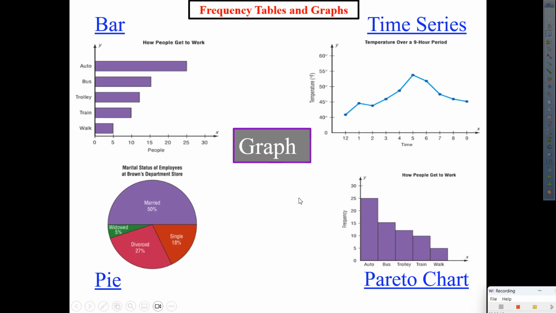However, copy this, please. Example 1Q. Copy the instructions and it reads, construct a grouped frequency distribution for the data using 5 classes. And then it says, represent the distribution in a histogram and ogive.